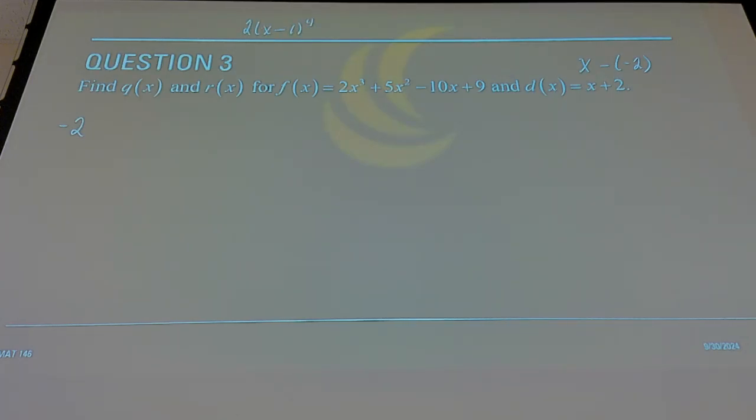That'd be standard form. What's wrong with it? So that's descending order.